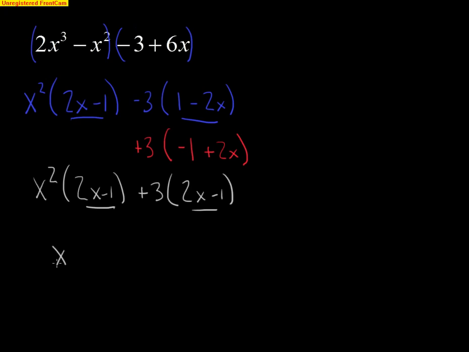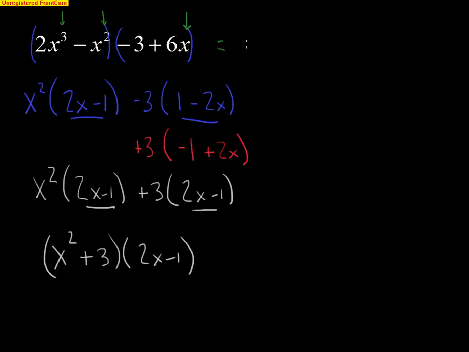So I have an answer of x squared plus 3 and 2x minus 1. Now, one of the things we could have done from the beginning is recognize that we're not in standard form here. I have third power, second power, and then I should have this next.